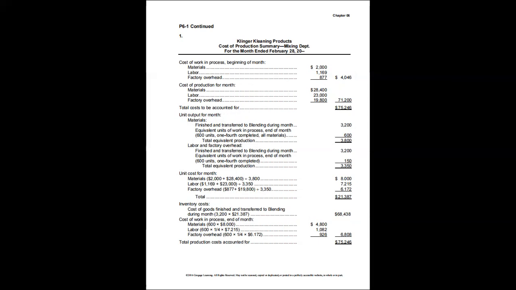In February, we have the cost of the work beginning and the cost of production for the month, giving us the total cost to be accounted for. Then the unit output for the month, finished and transferred to blending during the month of February, 3,200.